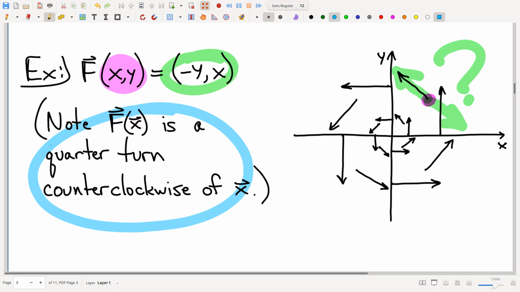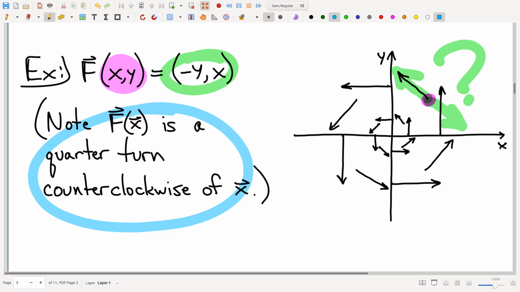But make sure that you can write down the matrix that represents a quarter turn counterclockwise. And once you've done that, what you'll notice is that that's in fact what this function is doing. If you forget about the whole vector field thing and just think of this as a vector in, vector out, it's literally a quarter turn counterclockwise.